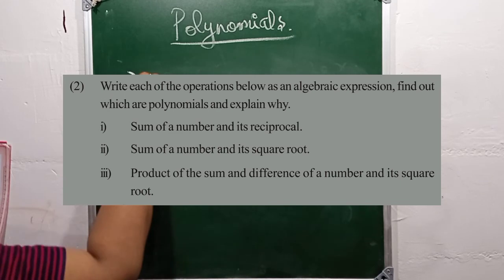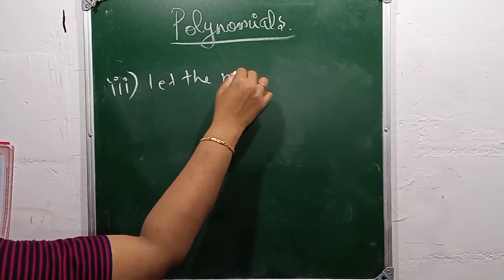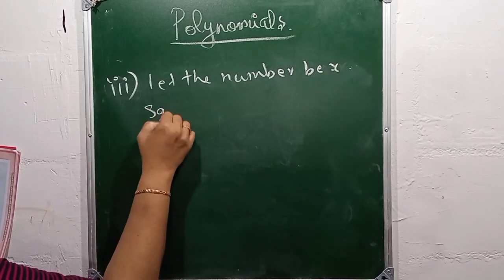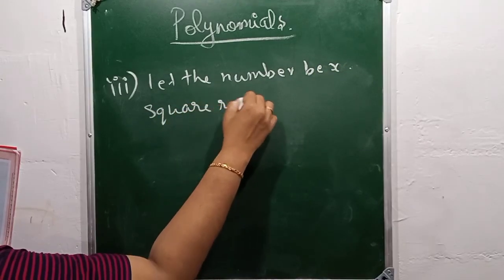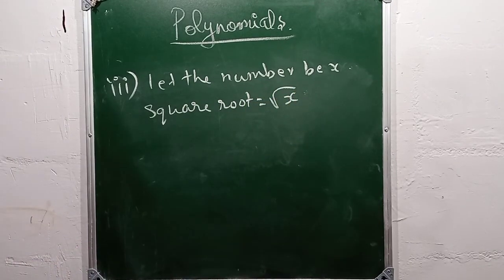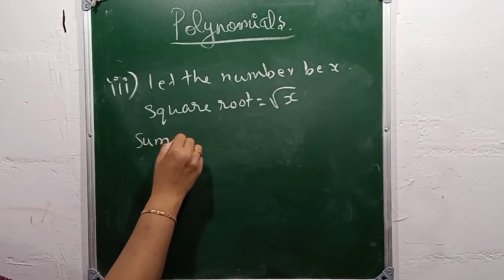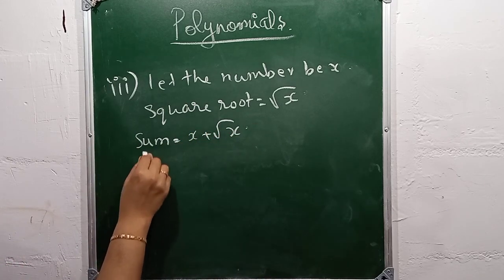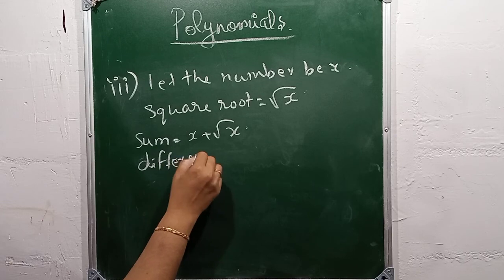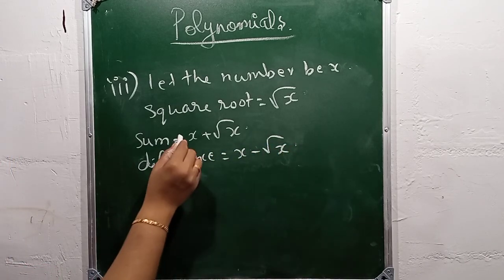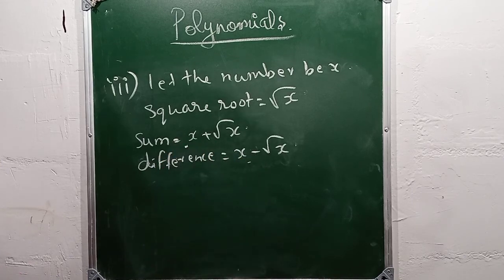So let the number be x. Then its square root is root x. The sum of the number and its square root is x plus root x, and the difference is x minus root x.